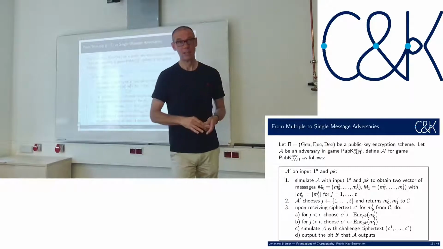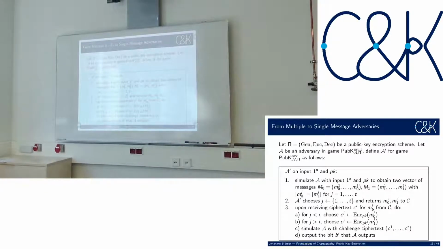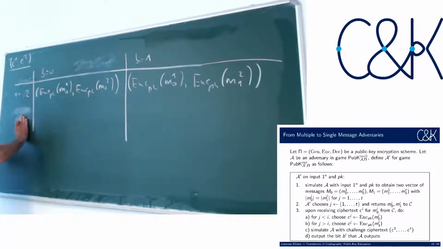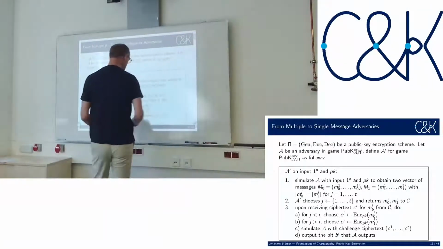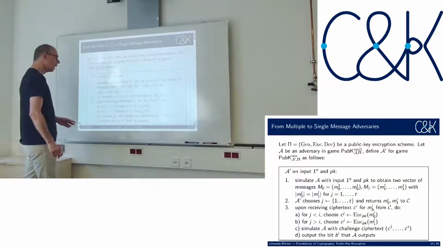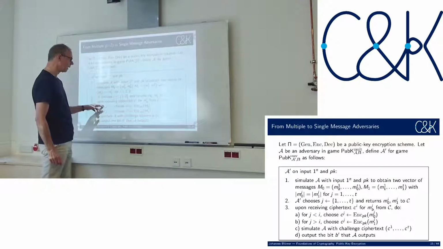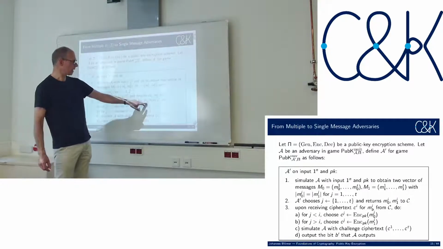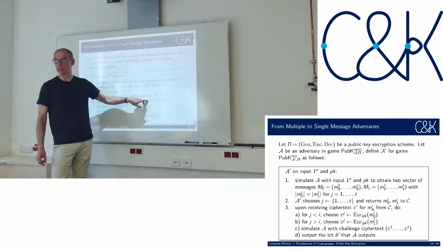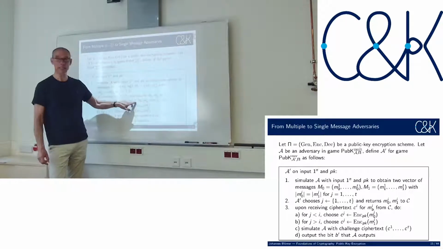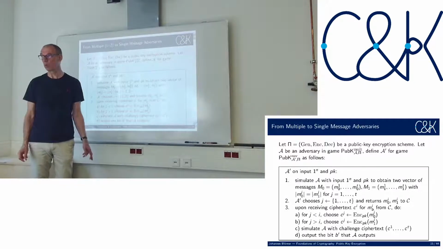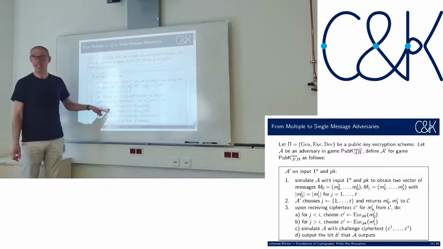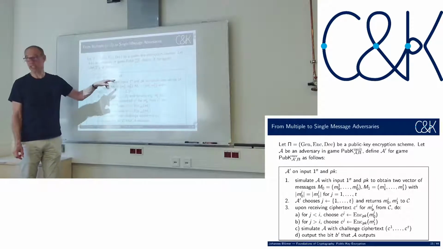Now let's look at the case i is 1, and b is 0. The first thing that I get is M01, so the first ciphertext, C1, is the encryption of M01. But j less than 1 means j is 0, that doesn't exist.